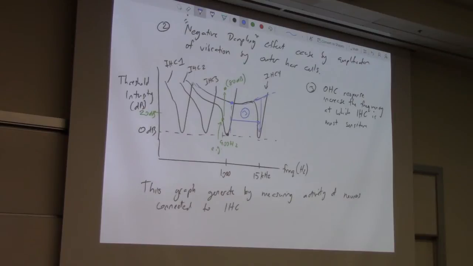So if we take a look at one more of these, let's head for the lowest one. Its behavior without outer hair cells is probably, so let's do a key. This is the inactive outer hair cells, and this is with active outer hair cells. So that dashed line is probably what the sensitivity would look like without.